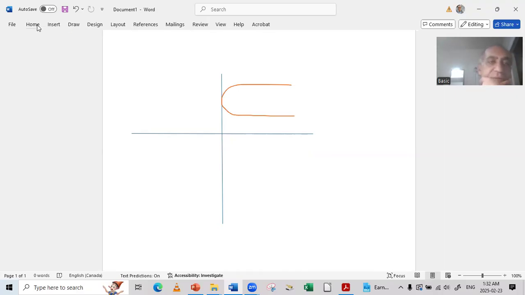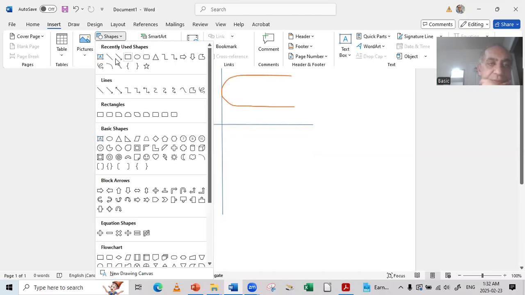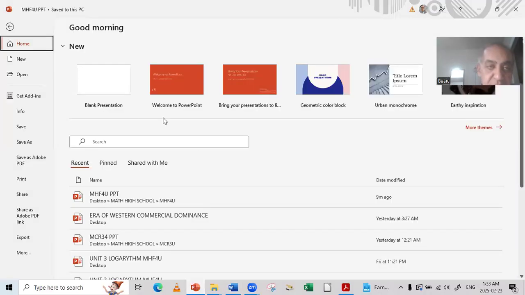And then if I draw the line like here, it cuts the curve in 2 points, in this point and this point, then this is not a function. As long as it cuts in 2 points, this is not a function. And we said this yesterday while we were working on our PowerPoint slides.